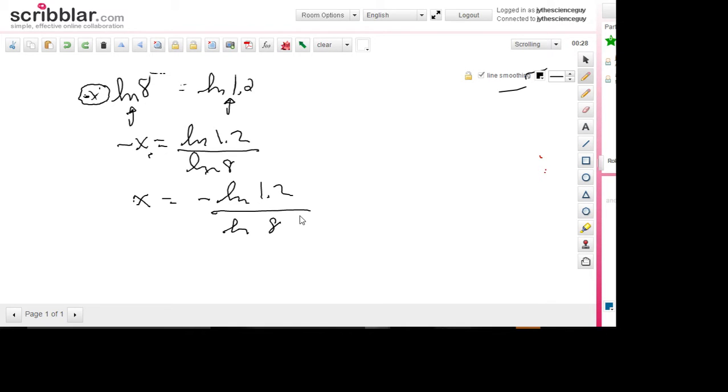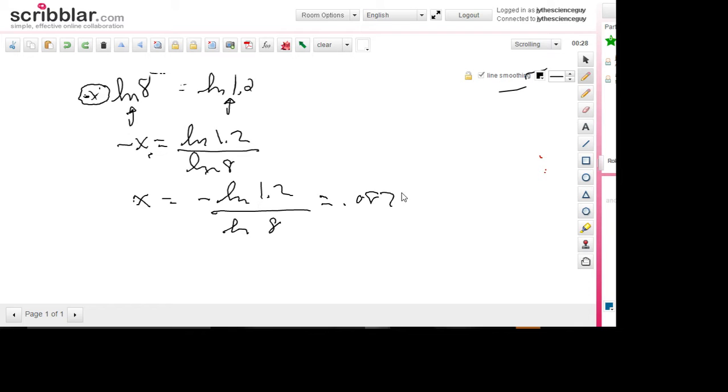I got negative 0.0876. Should we just round it to like two decimal places? Well, what does the direction say? Oh yeah, they did give us directions. Three decimal places. So there you go.